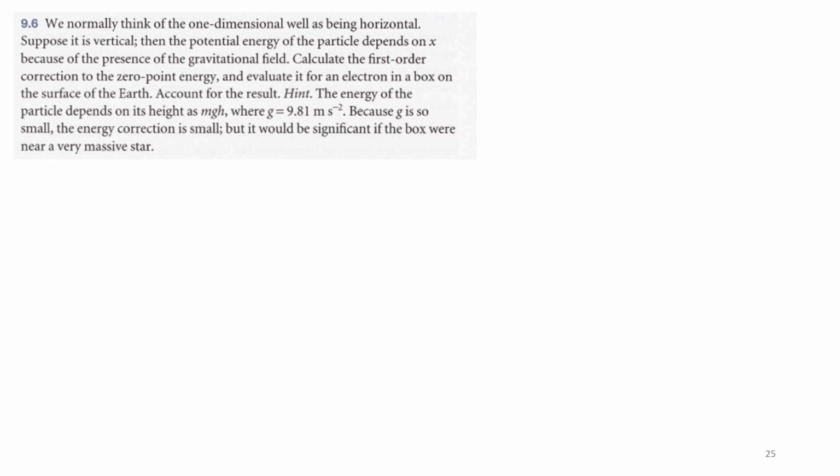So we normally think of a one dimensional well as being horizontal. The question says, this is also from Atkins, we normally think of the one dimensional well as being horizontal. Suppose it is vertical, then the potential energy of the particle depends on x because of the presence of the gravitational field. So now think your x is in this direction.